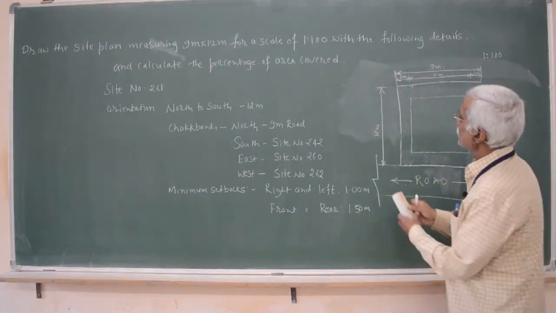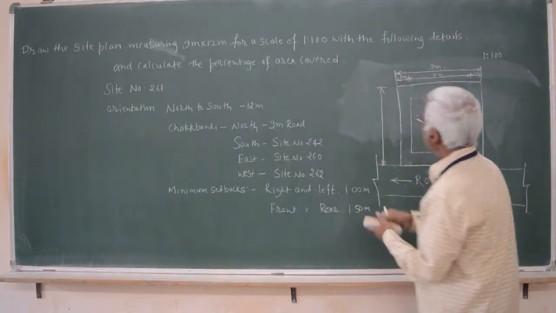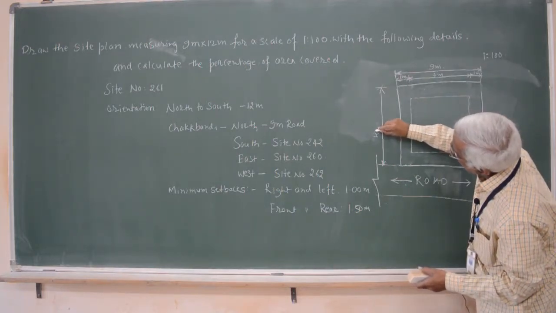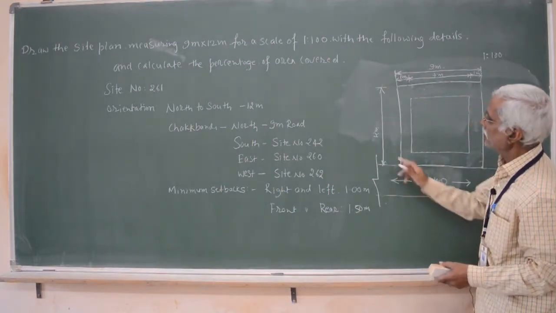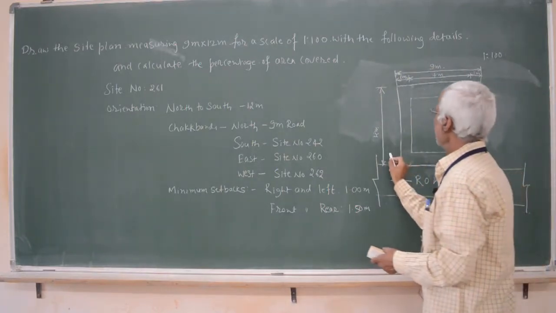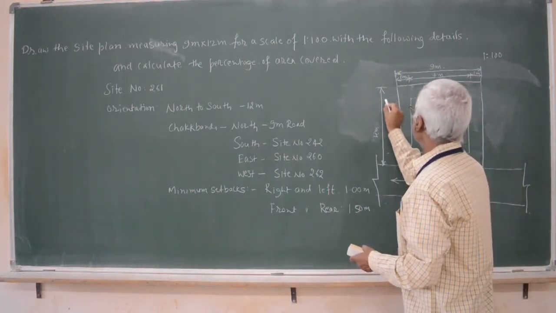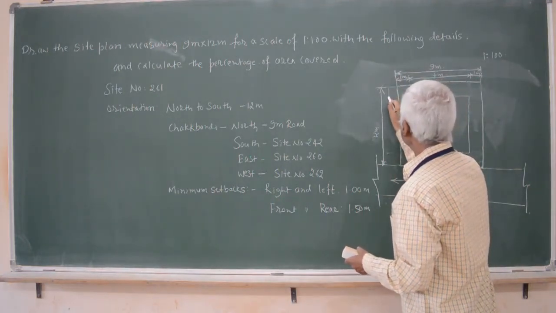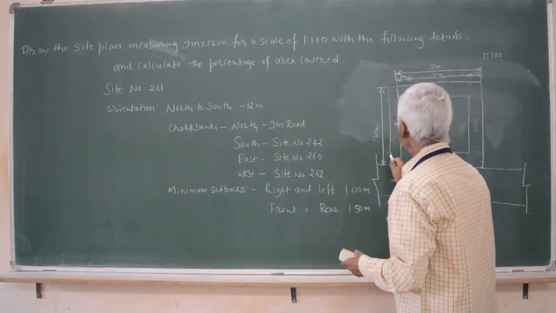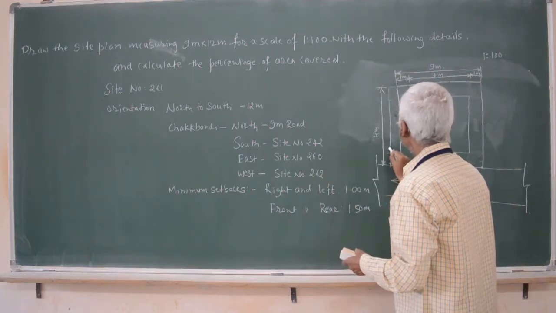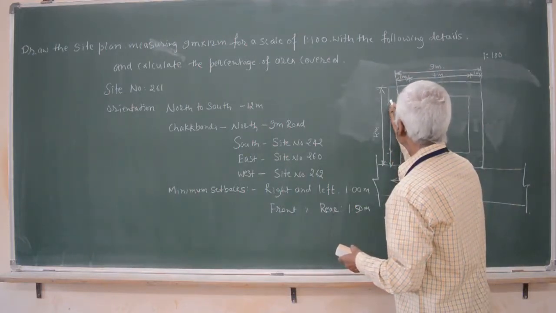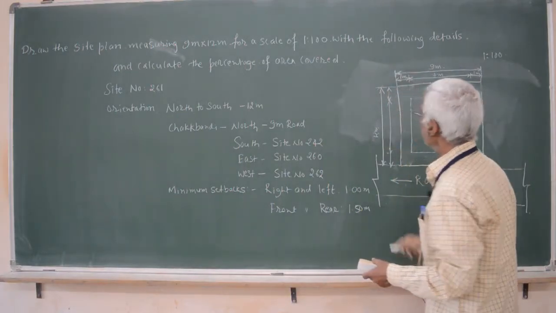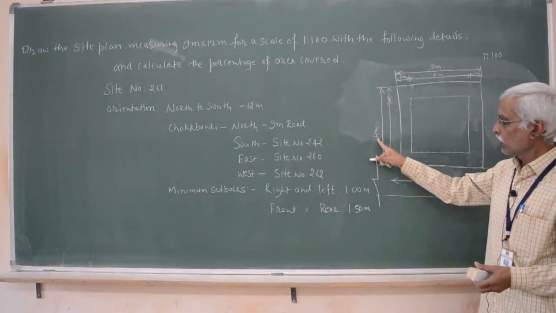Okay? Yes, that is 12 meter. Then here setback lines. Okay, draw vertical line. The total is 12 meter.